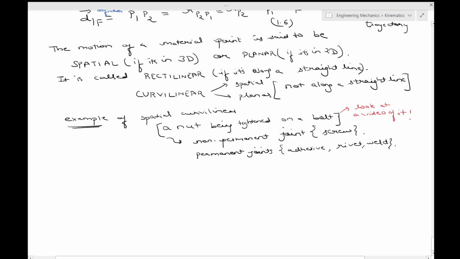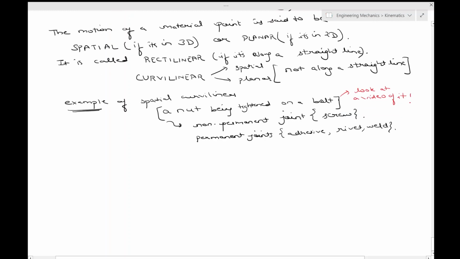So let's now come back to another diagram. Again we have a trajectory of the motion of a material point.